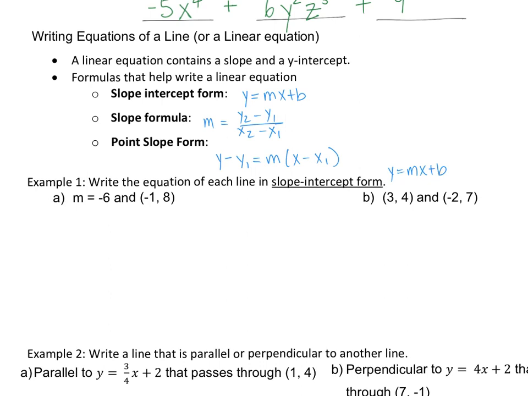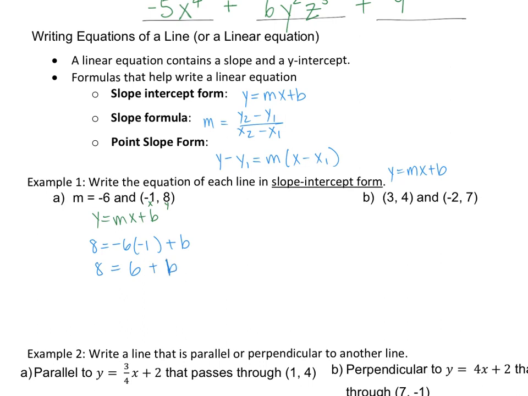So I write out the formula y equals mx plus b, and I plug in what I know. I know that this is x and this is y. And I already have m, which is my slope. So if I plug things in, I have 8 equals m, which is -6, and my x here is -1, plus b. Now I'm just solving for b and trying to get it by itself. I'll work this part out by multiplying first. That gives me a +6.